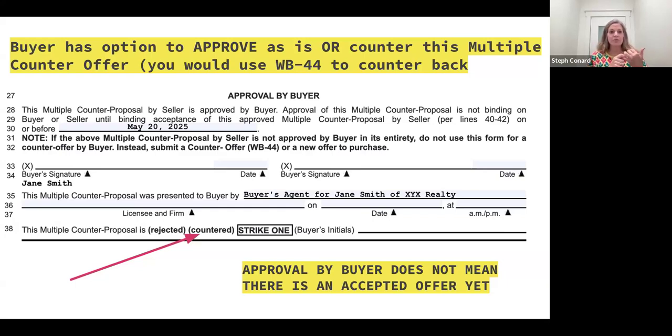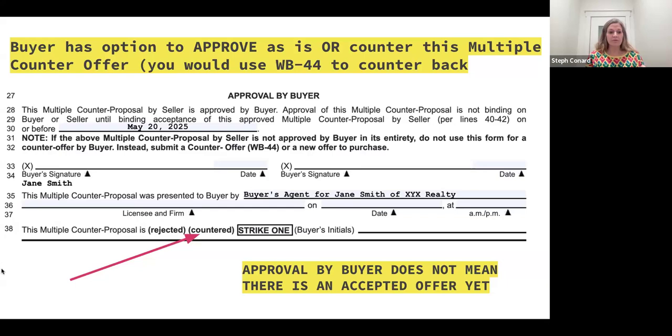Okay, so approval by the buyer. This multiple counter proposal by the seller is approved by the buyer. Approval of this multiple counter proposal is not binding on the buyer or the seller until the binding acceptance of this approved multiple counter proposal by the seller. So now there's a second date introduced here.